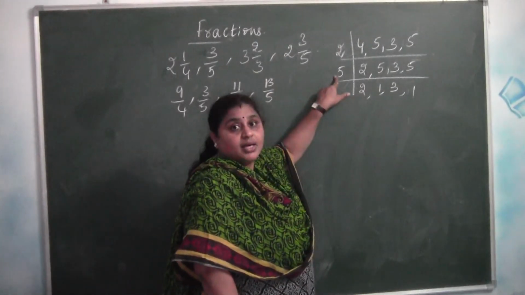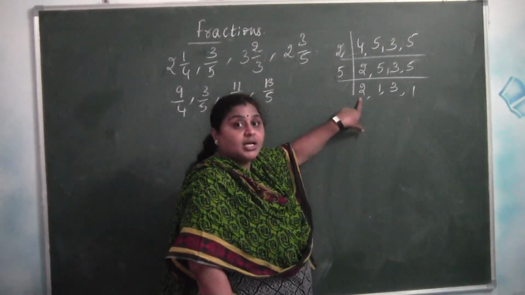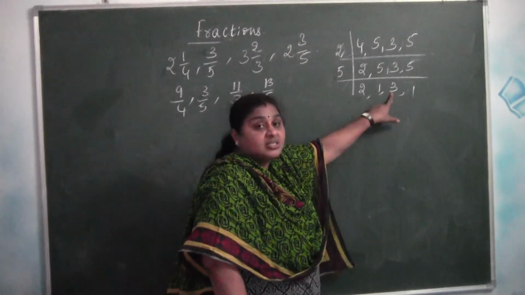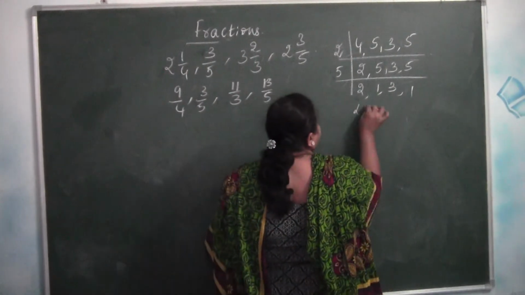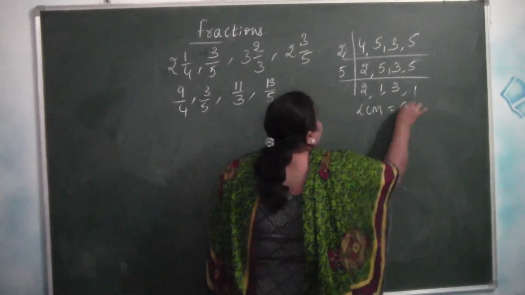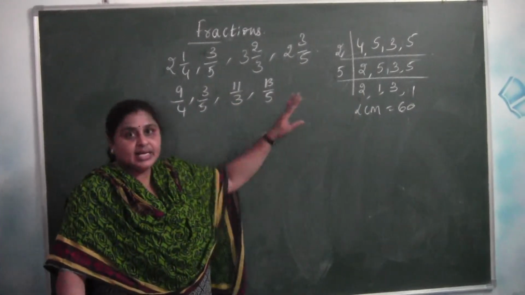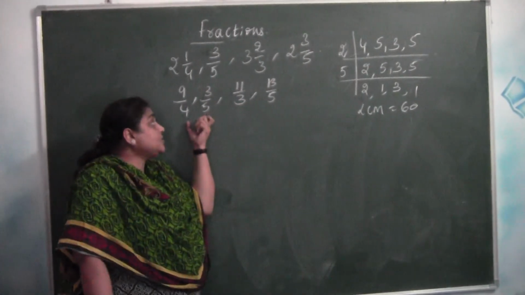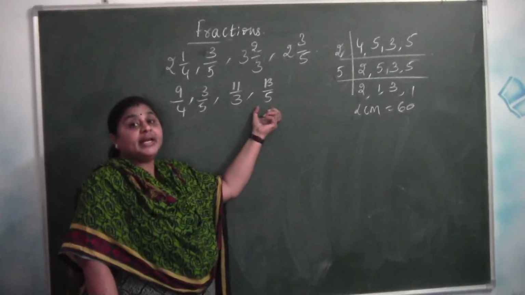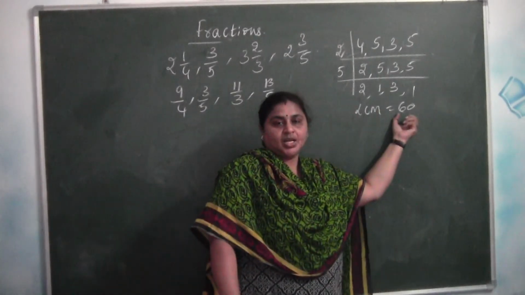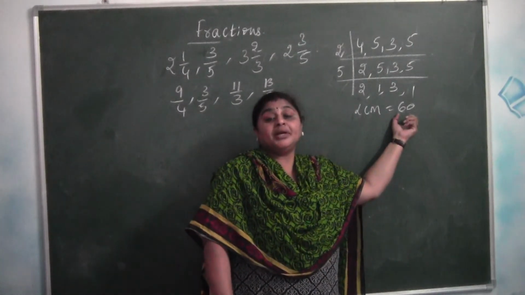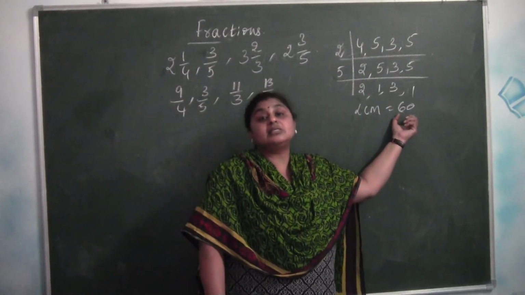2 5s are 10, 10 2s are 20, 20 3s are 60. So I got the LCM as 60. Now you are going to convert all these denominators to 60 by multiplying the numerator and denominator with the same number.